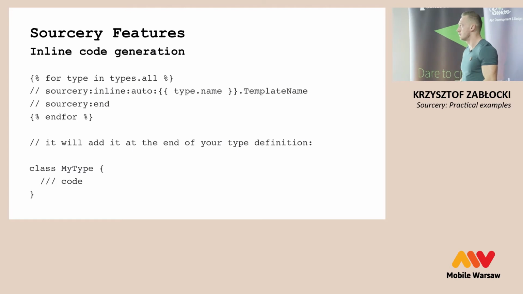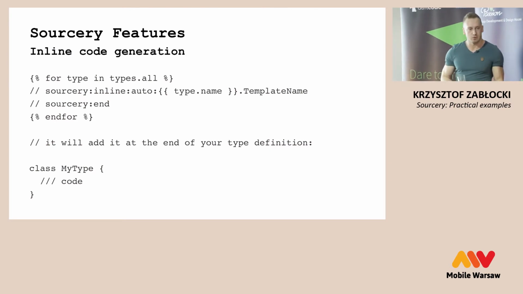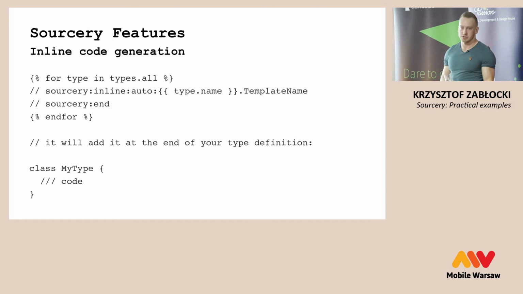It also allows you to do inline code generation. The default way that Sourcery works, it will generate the source code in a separate file. That doesn't always work, because if you have things like required initializers, those have to exist in your code definition of the type. It cannot happen in an extension. Swift doesn't allow that.